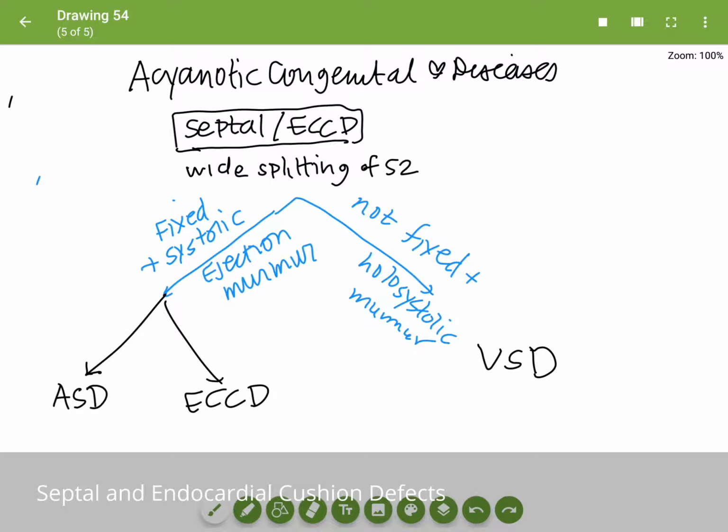So for the ASD, the most common cause is an ostium secundum defect.